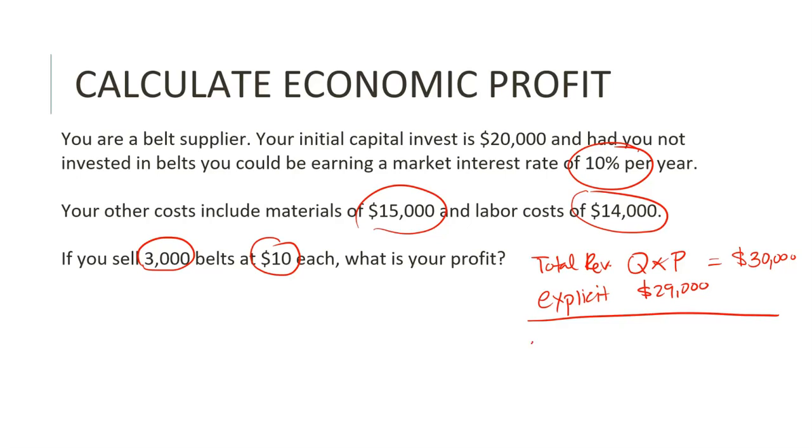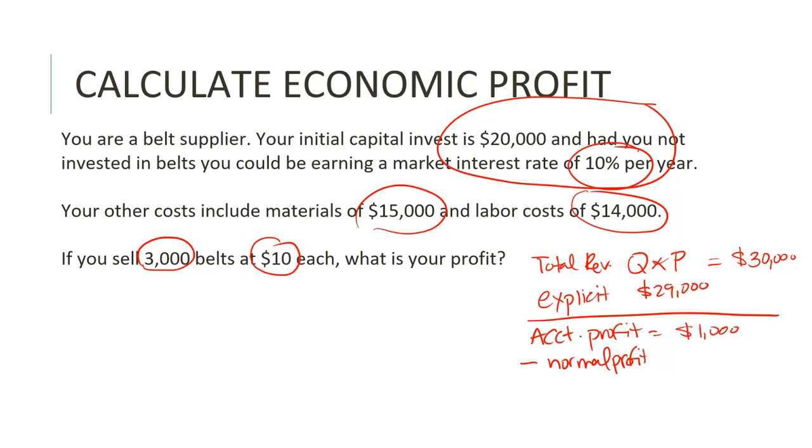And if we were accountants, we would stop here and we would say that our accounting profit is equal to $1,000. But we're not accountants, so we are going to also subtract the normal profit, which is going to be the implicit cost or opportunity cost. And we're actually going to get that from this up here. So what we're going to say is that if we had invested our $20,000 in something else and we were earning 10% per year on that, our normal profit from that would be $2,000.